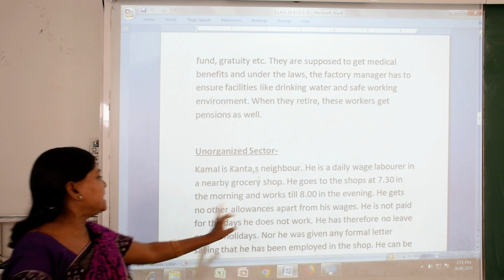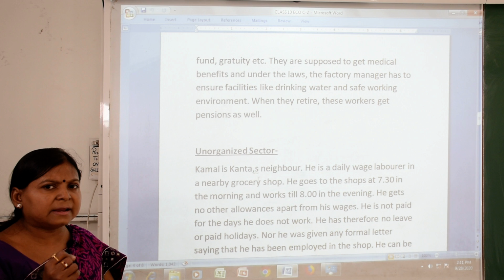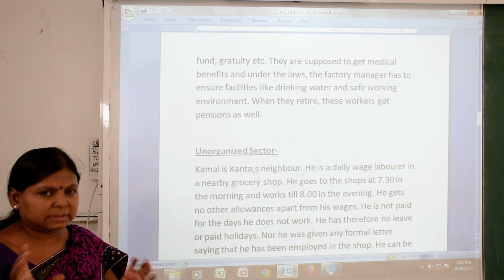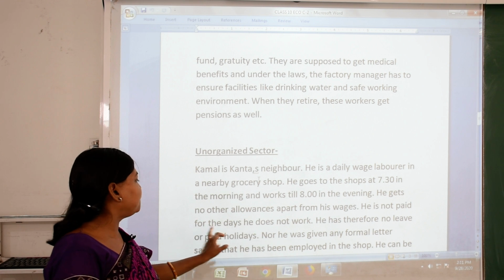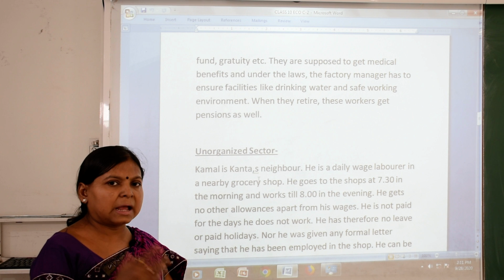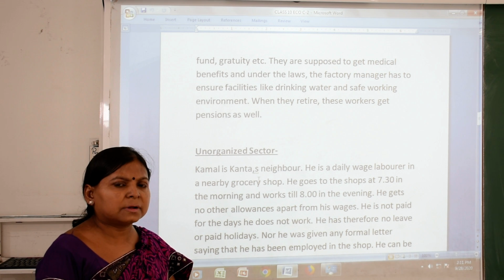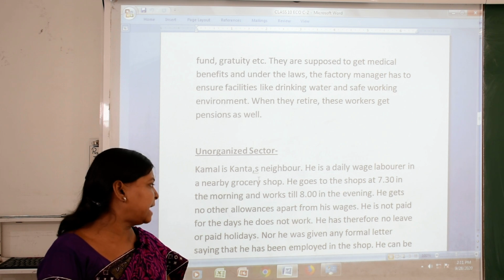He gets no allowance, only the salary they give, apart from his wages. He is not paid for the day he doesn't work. Suppose one day he has not worked, he is on leave, he will not get any payment for that day.